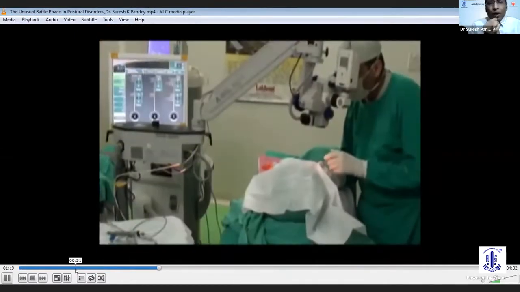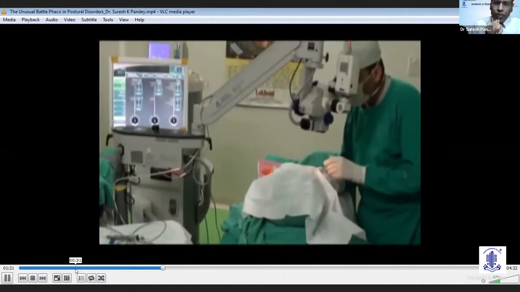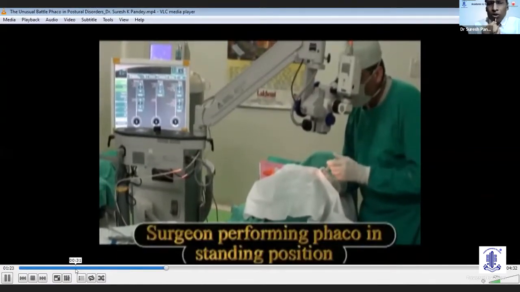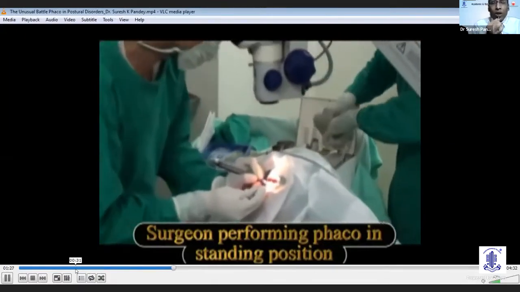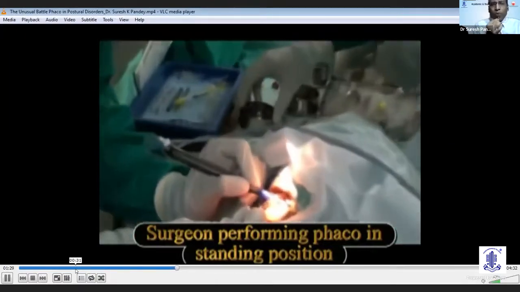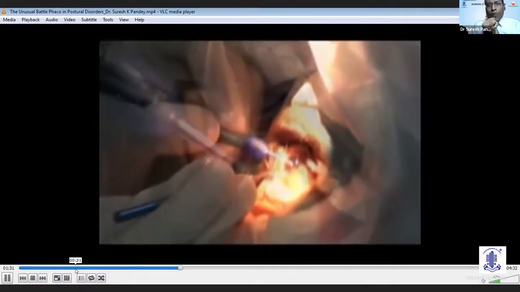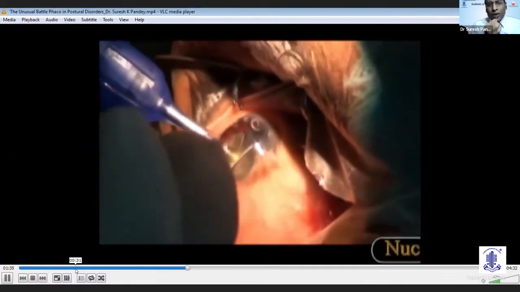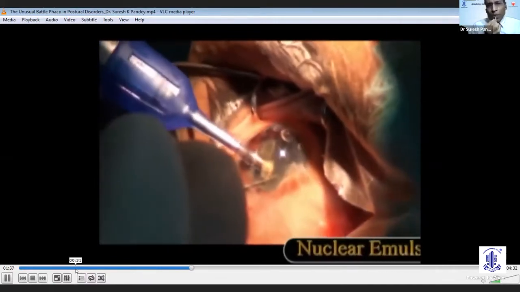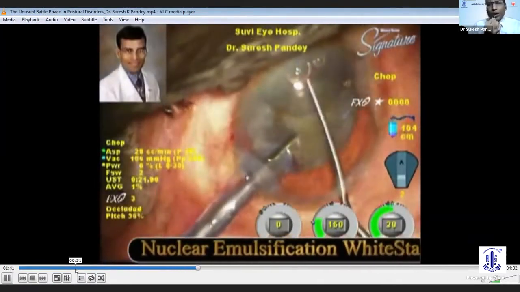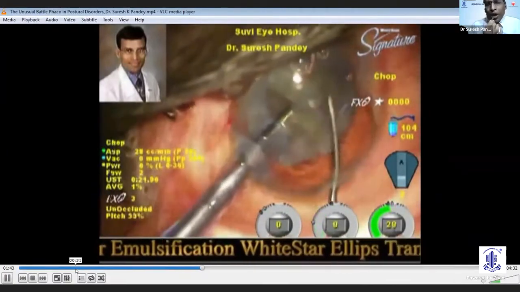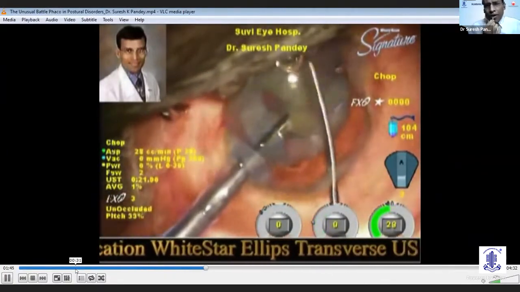The surgery was a little difficult and challenging because of the unusual position of the patient and the standing position of the surgeon. Here I'm operating with my left hand, the incision was made on the temporal side, and I'm using my right hand to chop the cataract.